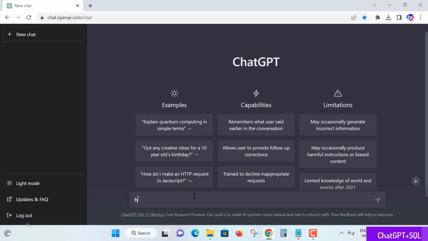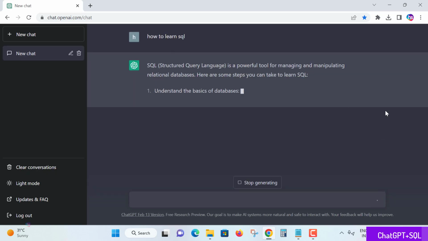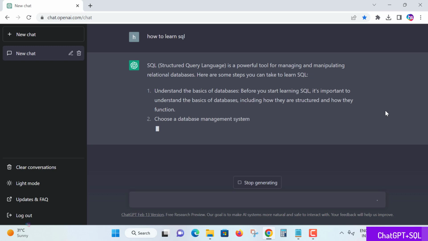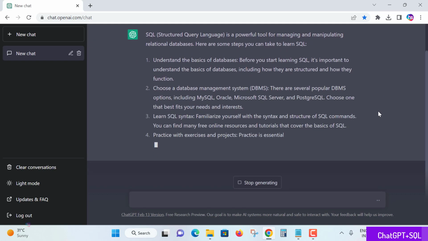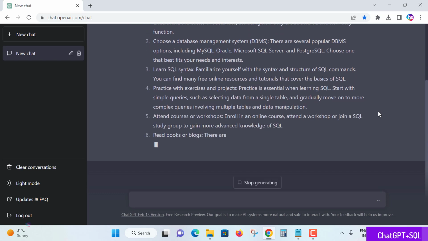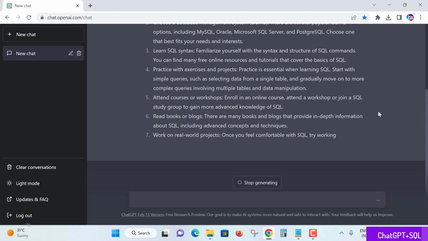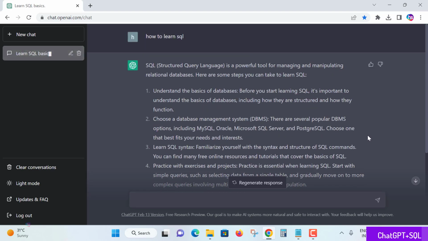Let me ask how to learn SQL. That's it, a simple question. SQL is Structured Query Language, very important for all the databases related to database technologies, for writing queries and interacting with the database. Yes, it's really important for relational database management systems.